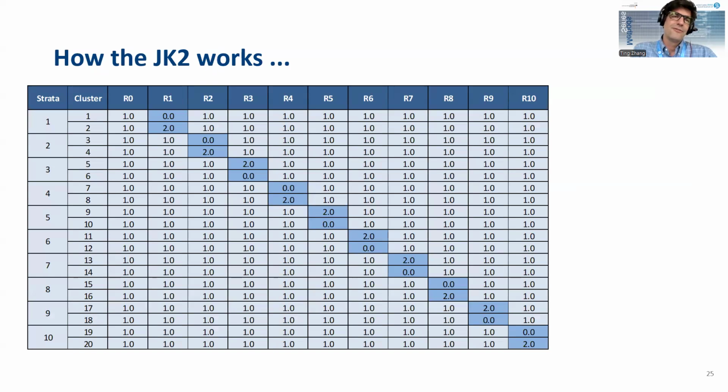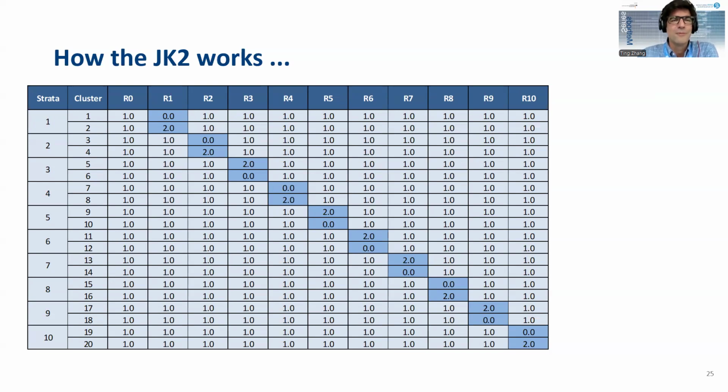How the jackknife or JK2 method works is R0 would be the full sample weight, the one I would use to estimate the population mean, or whatever the population statistic is. And then we would re-estimate it more than 10 times, likely. We'd re-estimate it first using the weights R1, which set PSU 1 in strata 1 to 0 and PSU 2 in strata 1 to 2.